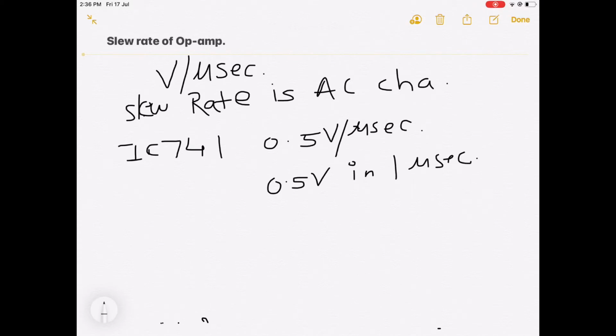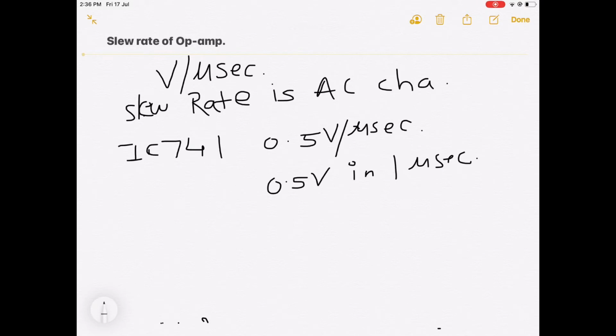Slew rate is usually specified at unity gain and no load. It improves with higher closed loop gain and DC supply voltage also. So, we will see in detail about the slew rate of op-amp.